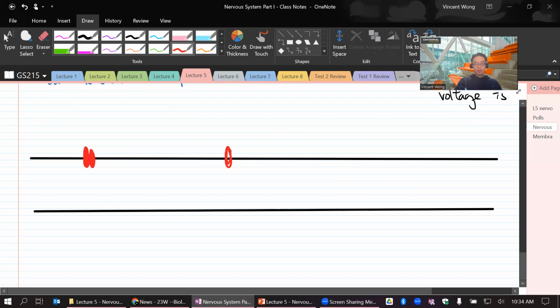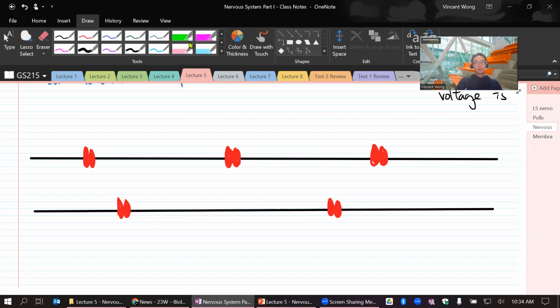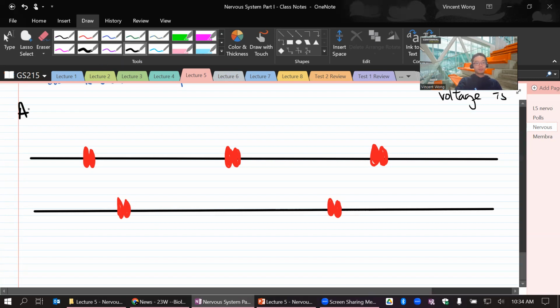If you have been with me since the beginning, you will know what these are. These are sodium channels, and they're closed right now because we are at rest, minus 70 millivolts. And then we would have all the potassium channels.